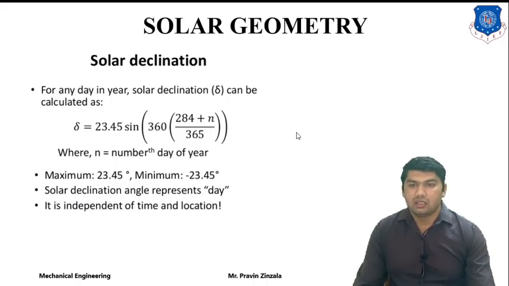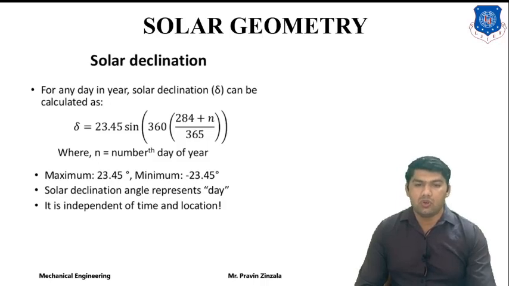Declination for any day in the year we can also calculate, and it is almost independent of time and location, because we are measuring with respect to the center of earth. So it will be almost constant throughout the world.